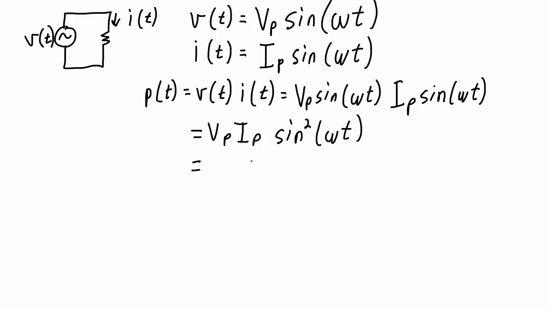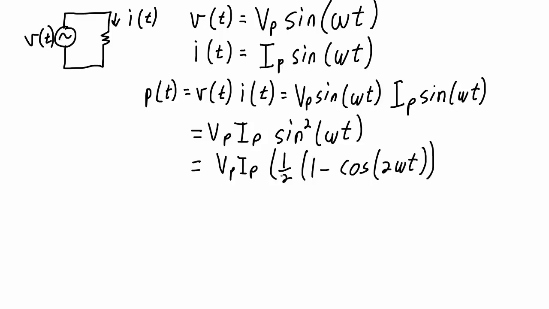And with a trigonometric identity, we can turn this sine squared omega t into 1/2 times 1 minus cosine of 2 omega t.